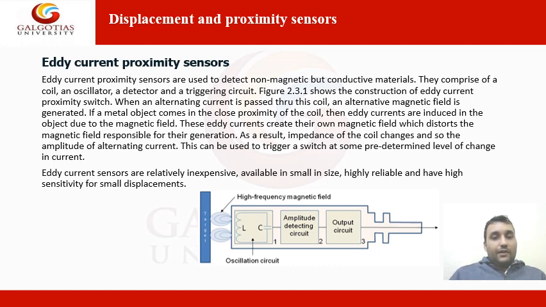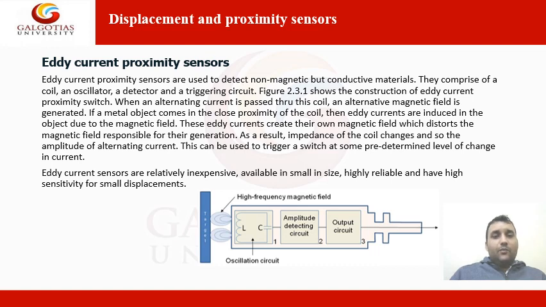When an alternating current is passed through this coil, an alternating magnetic field is generated. If a metal object comes in close proximity to the coil, then eddy currents are induced in the object due to the magnetic field. These eddy currents create their own magnetic field which distorts the magnetic field responsible for their generation.